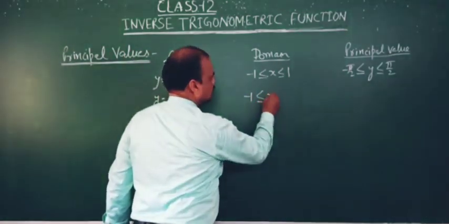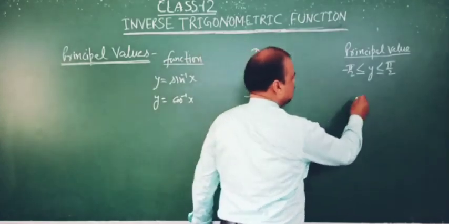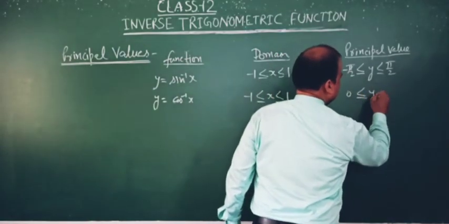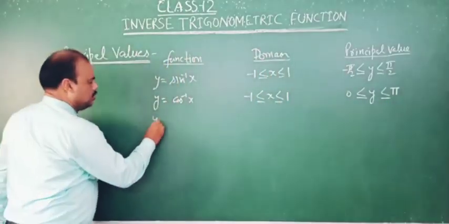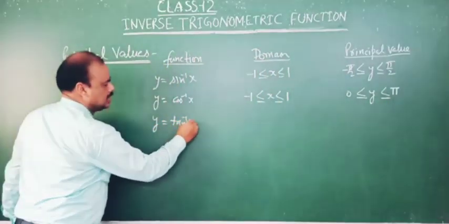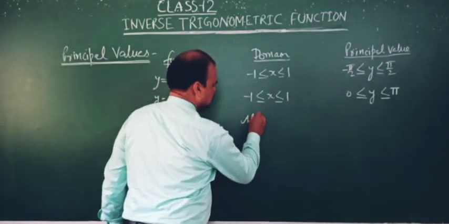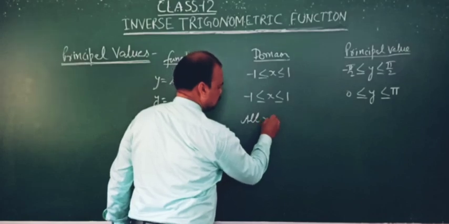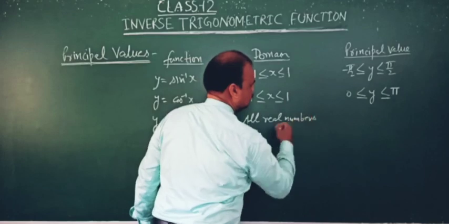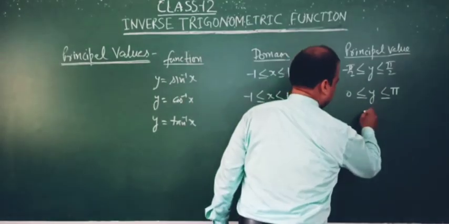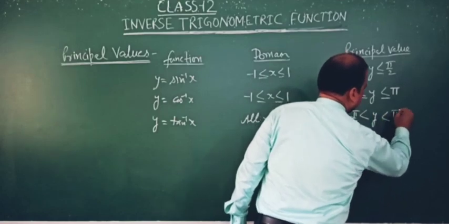Domain will be between -1 to +1 and principal value 0 to π. y equal to tan inverse x, the third function. Domain all real numbers. Principal value -π/2 to π/2.